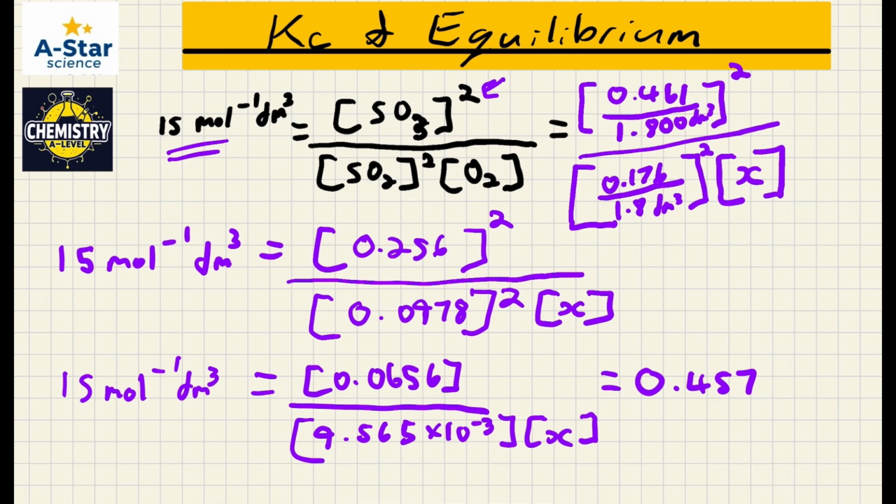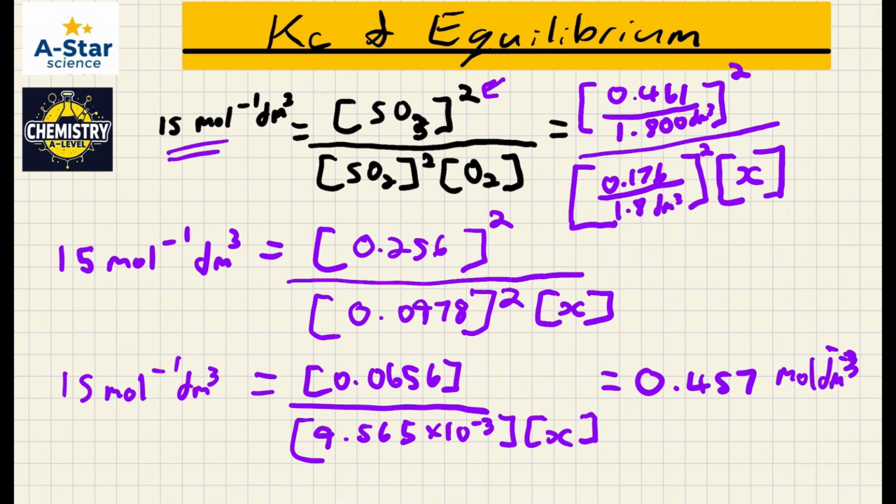If you solve for X, the final answer will be 0.457. Just read the calculator, 0.457. We're not going to do it in this video, but you also would have to do the same process for the units as well, mol to the minus 3.